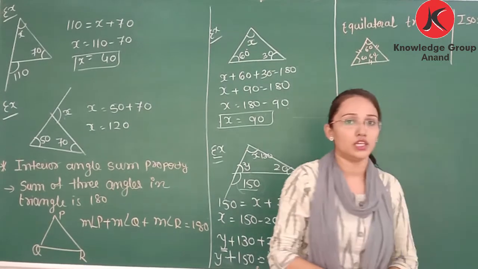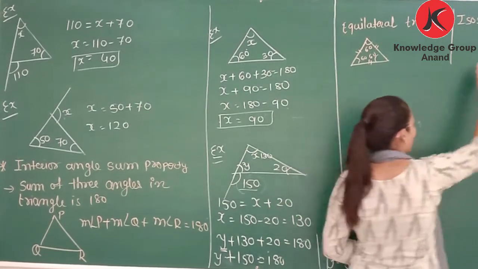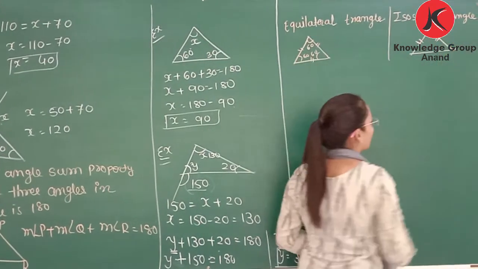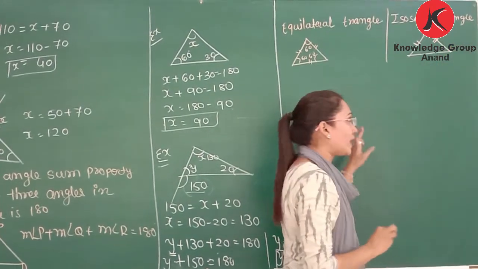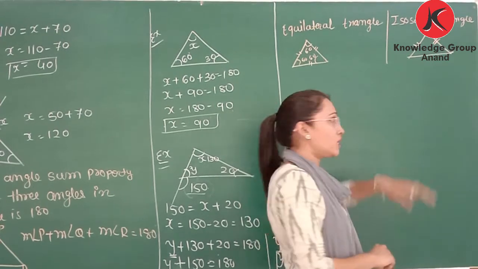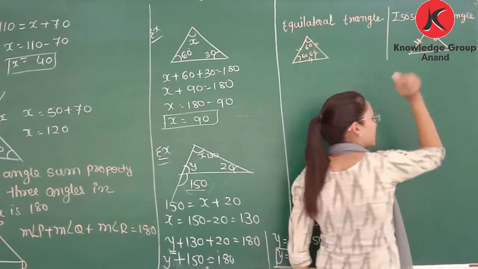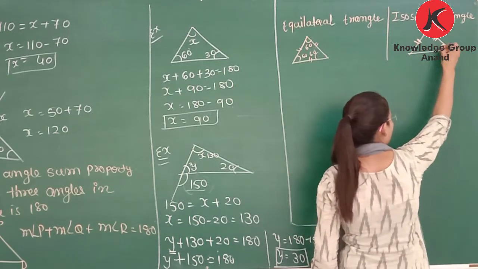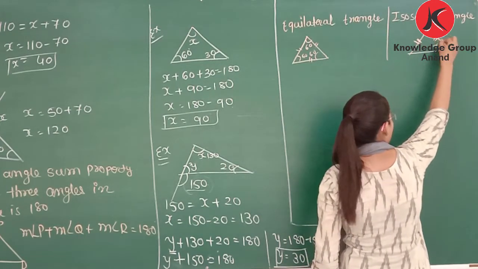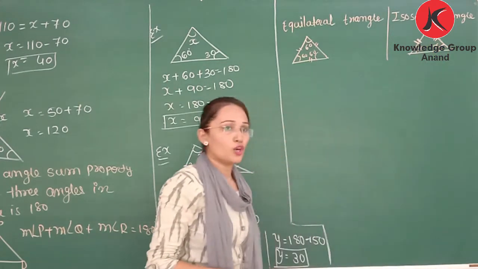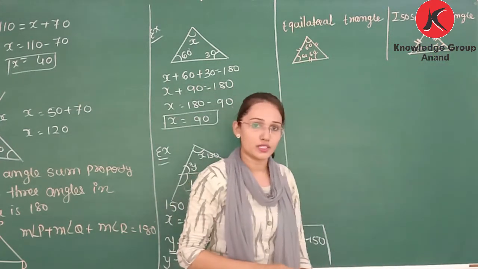It is a triangle in which two sides are equal. If two sides are equal, then two angles are equal. Which angles are equal? The angles opposite the two equal sides. So if we consider this side, the opposite angle is x, and the angle opposite the other side is also x. These two angles will be equal. So this thing we learn in this chapter.